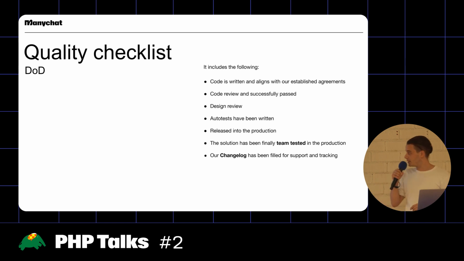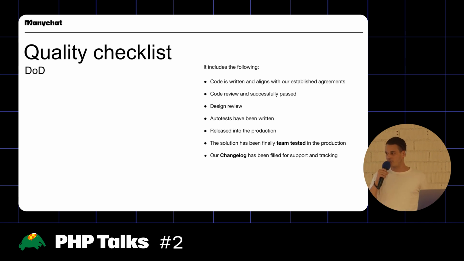And finally, we can release this into production, but we cannot just release it and let it run free. We need to make sure that we test it in production. And then, a critical part, it's also kind of a contract. This contract is not with the developers, but more for our support teams.